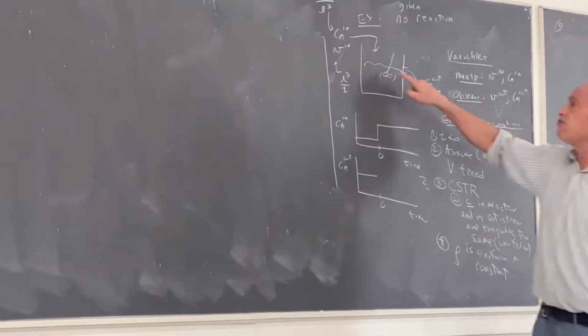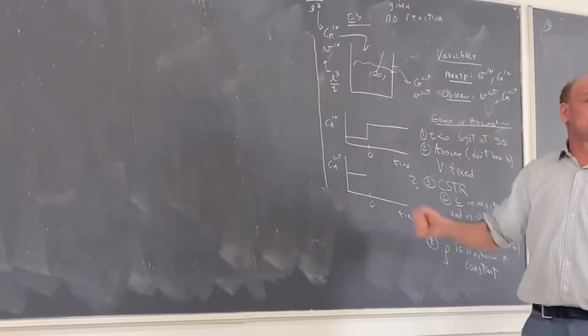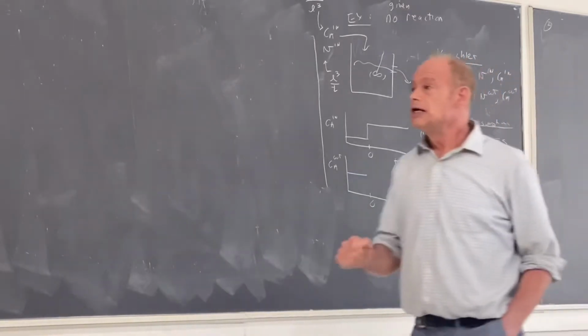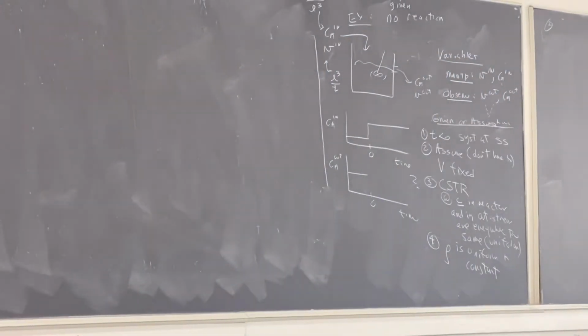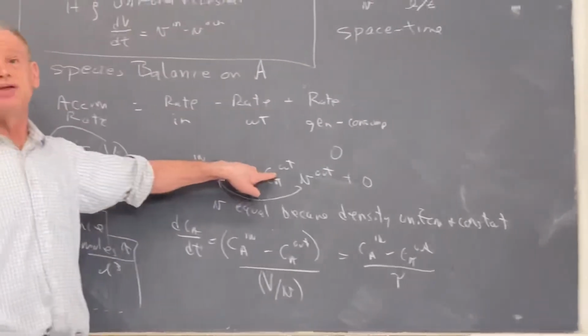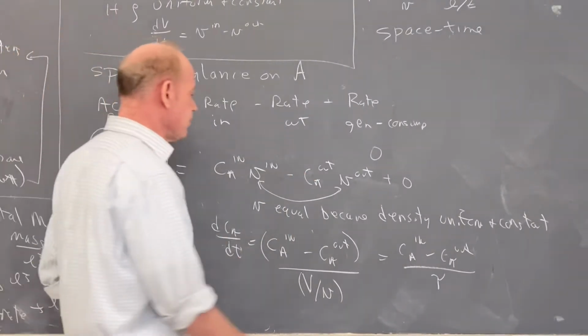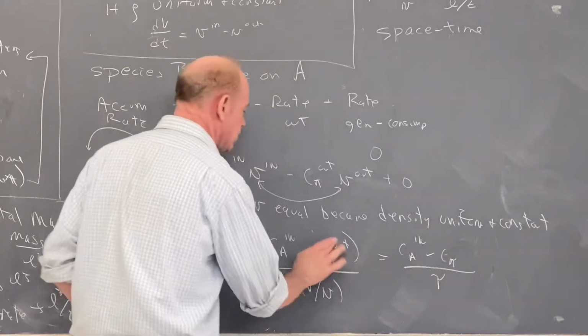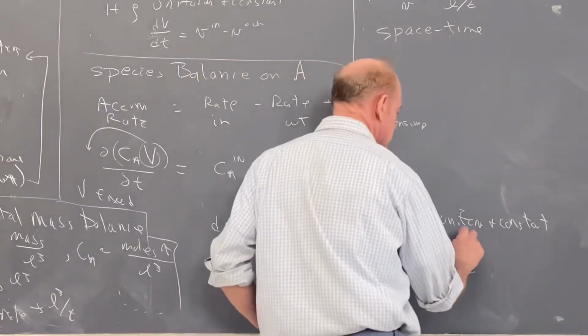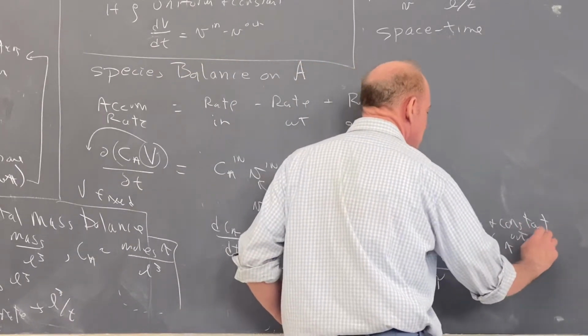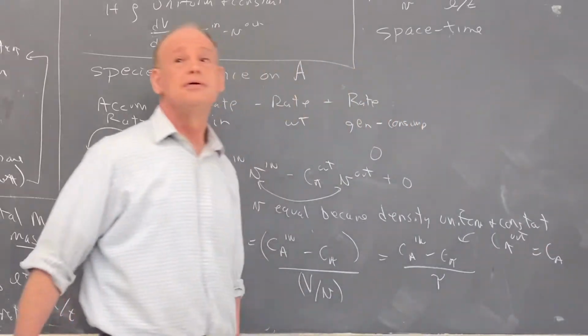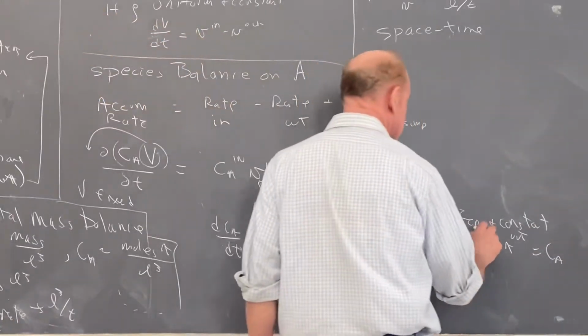The fluid everywhere in here and outside that going out are exactly the same. So I don't have to write Ca out, because Ca out is the same thing as Ca in the reactor. I'm going to get rid of this out, because Ca out equals Ca, because it's a CSTR.